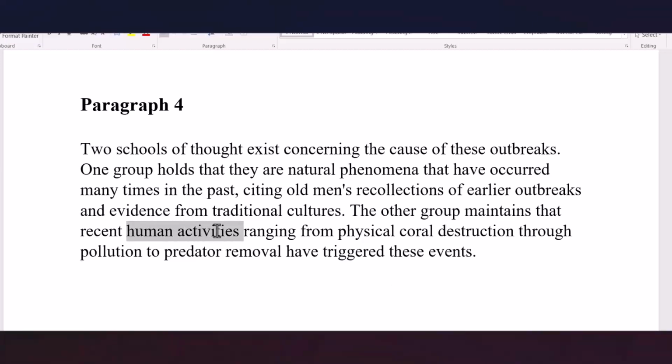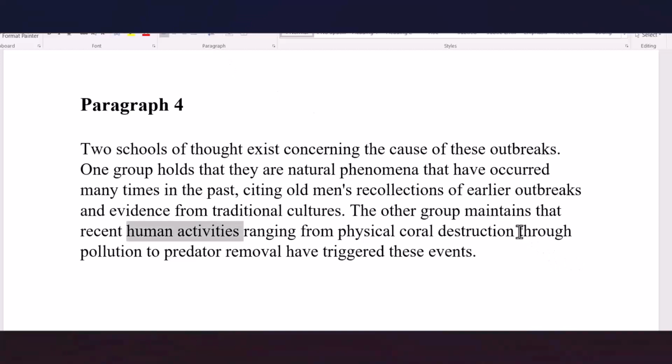This is the key to absorb the meaning of this sentence. This sentence believes that human activities are what trigger the destruction of coral by Acanthaster attacks.